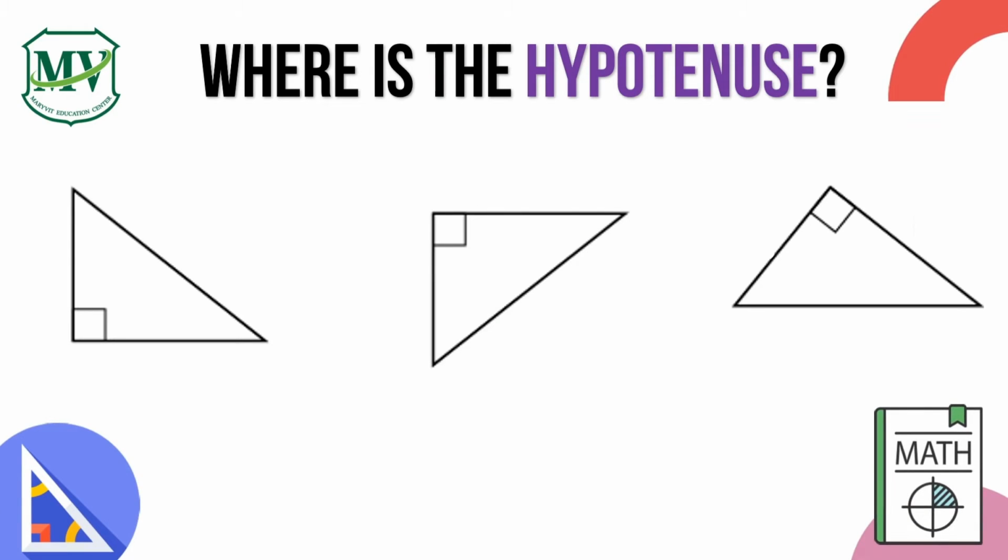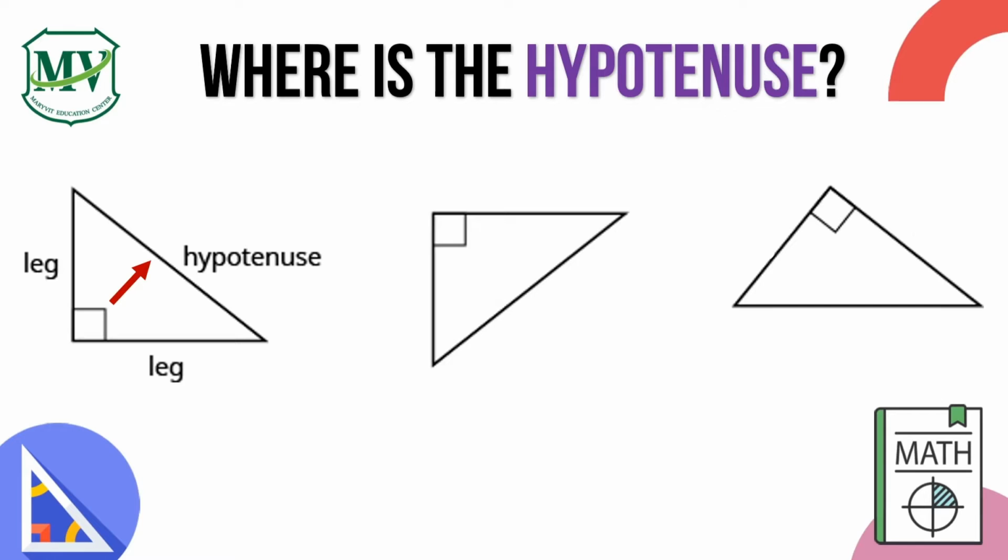Can you help me identify the hypotenuse? Look at the first triangle. Where are the two legs? Yes, here's the two legs. How about the hypotenuse? Of course, the opposite side of the right angle is the hypotenuse. Next triangle.